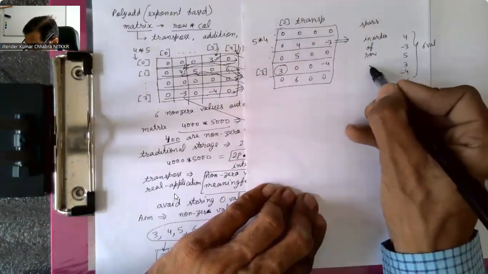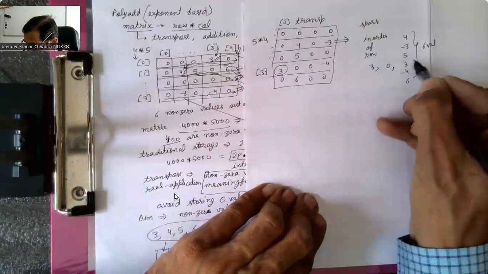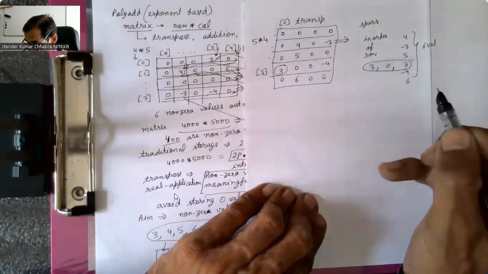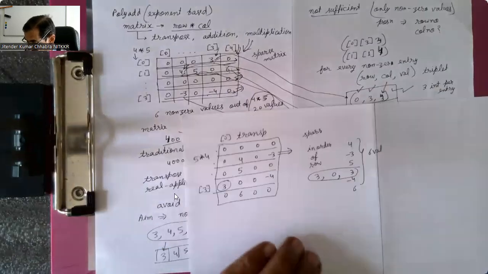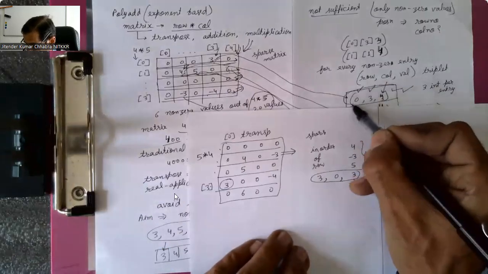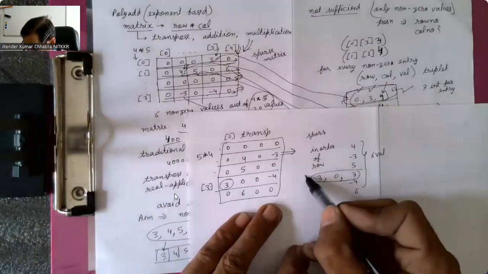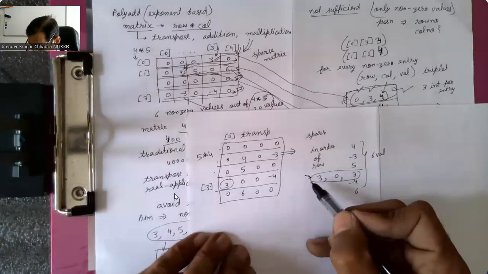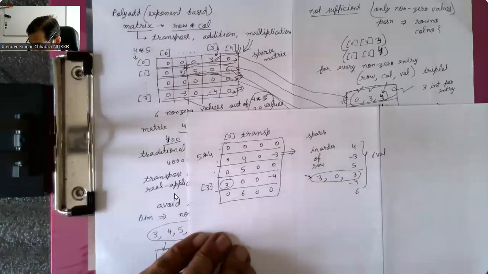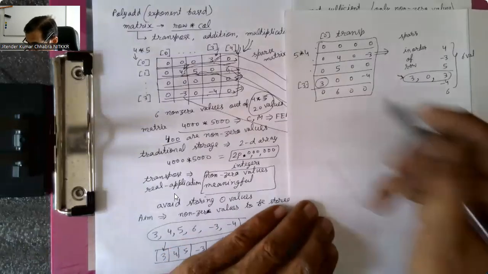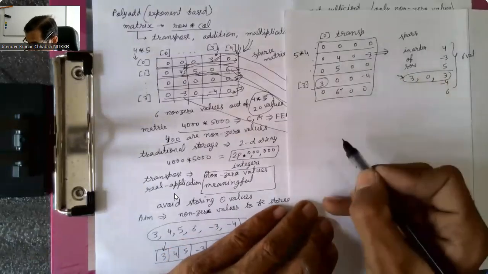So this entry is nothing but 3, 0, 3. Earlier, this entry was 0, 3, 3. 0, 3, 3 became 3, 0, 3. Similarly, let's talk of value 6.